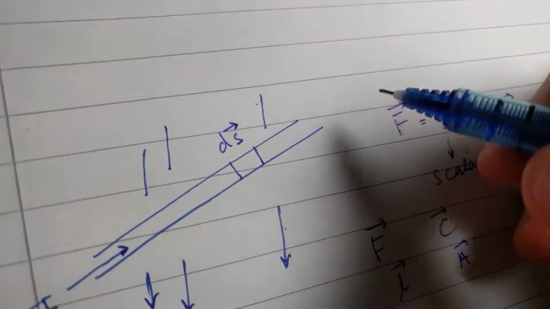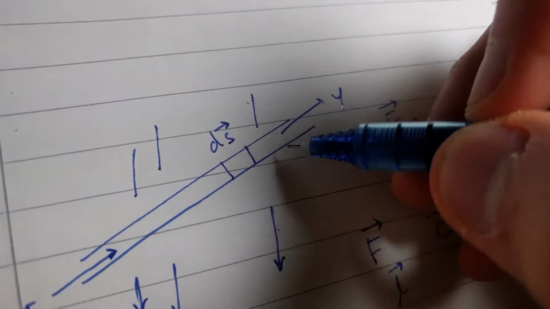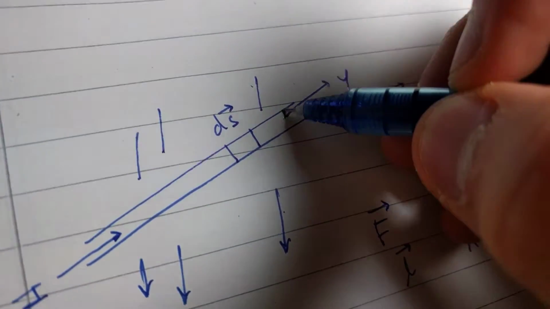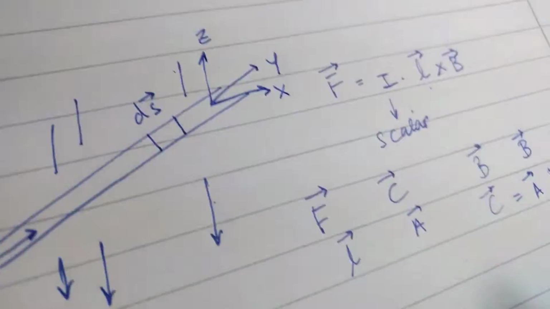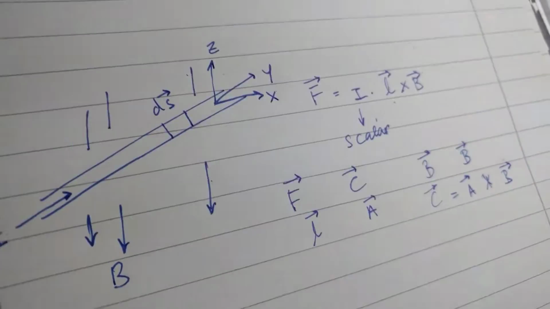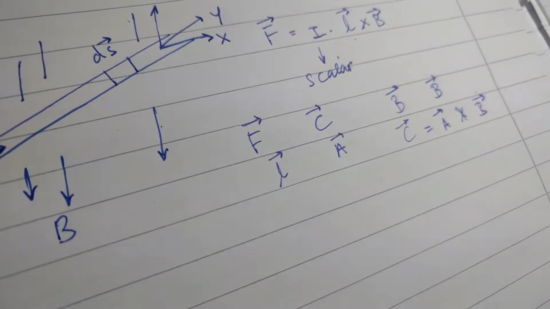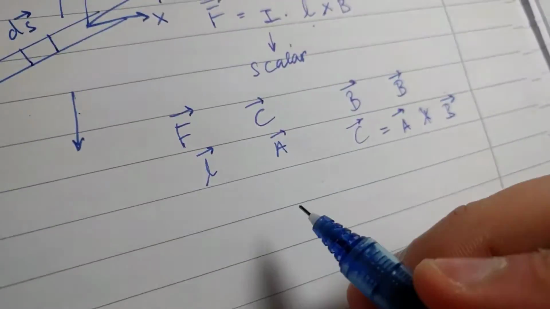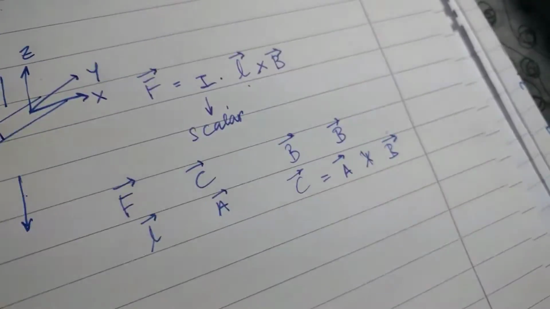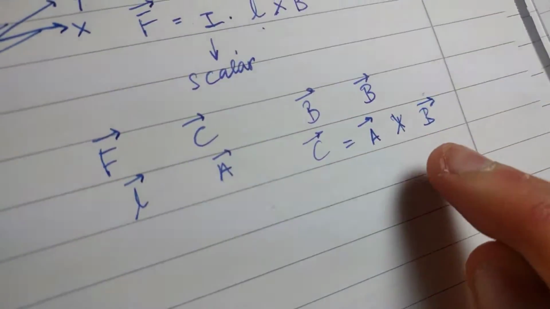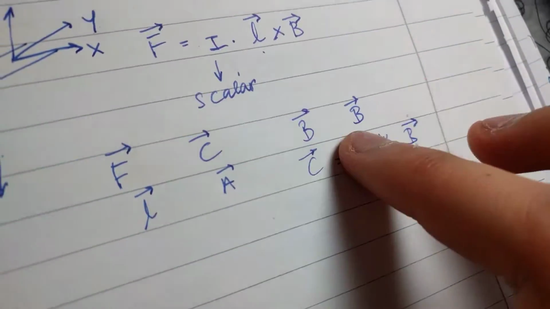If we draw the axes here and say that this is towards the y-axis, and the magnetic field lines are going opposite the positive z-axis, and here's our x-axis, then we have C equals A cross B, where A is our length vector and B is our magnetic field vector.